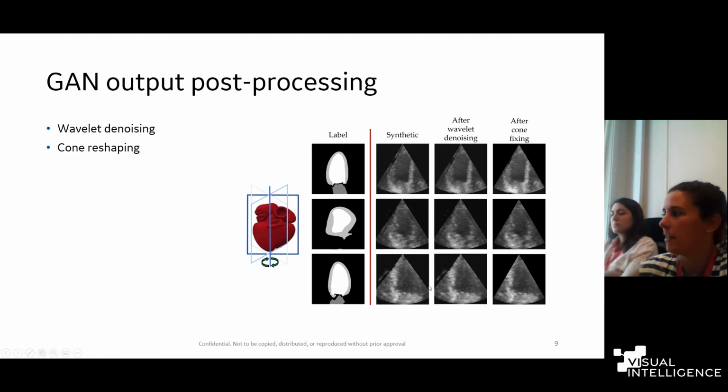And another thing occurring on the synthetic images are these small areas which are not present on real 3D echo images. So to remove these, I applied a cone fixing step to make the cone edges less wavy, let's say. It would look like this in the end, more straight.